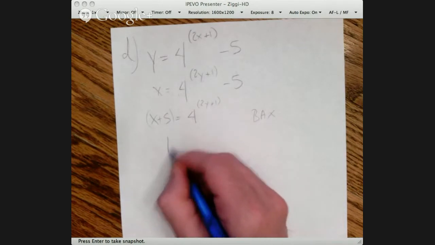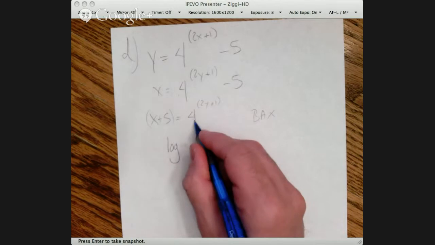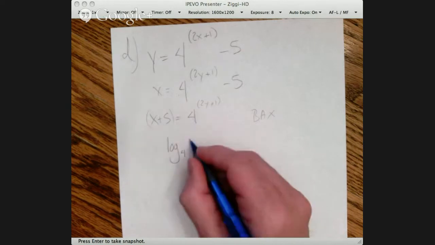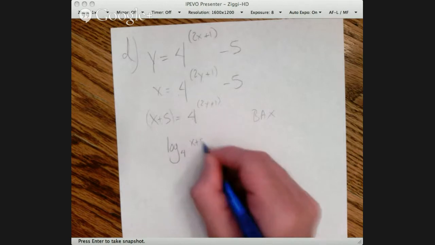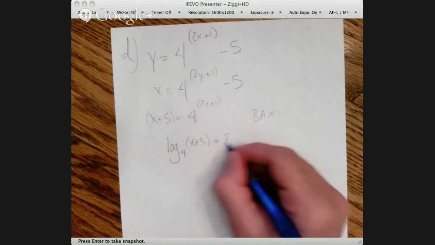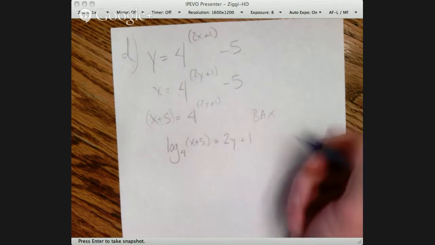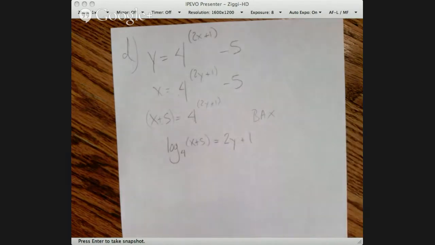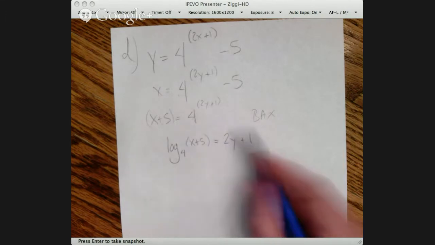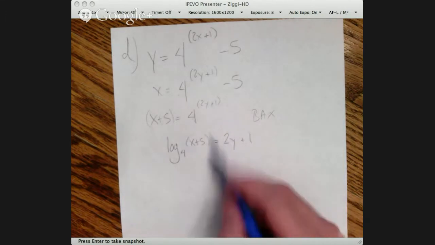So I'm going to rewrite this as log base 4 of x plus 5 is equal to the exponent, which is 2y plus 1. It's the same general idea, but if I rewrite it that way, it makes it much cleaner, because now when I solve for y, I'm just kind of treating this as its own entity.